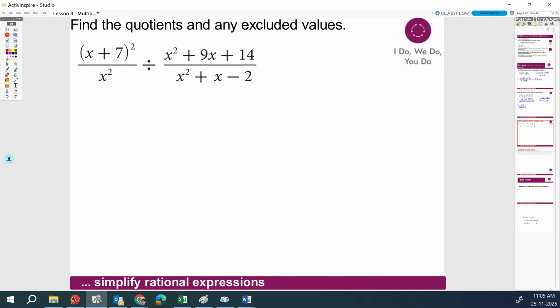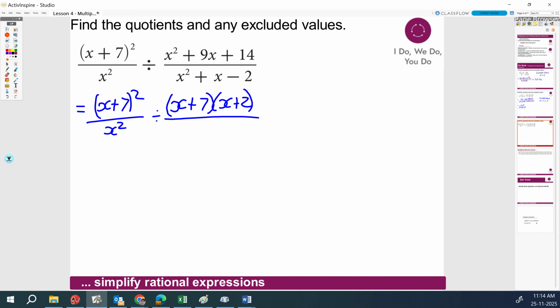Okay, start off by having a go at factoring this one. Alright, so we start by factoring. This is going to give us x plus 7 squared over x squared divided by, so to factor this one we get x plus 7, x plus 2.